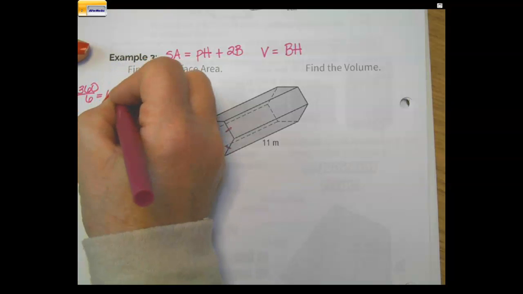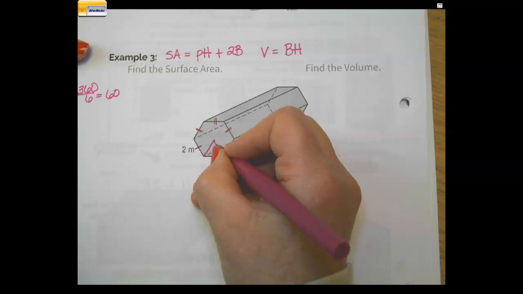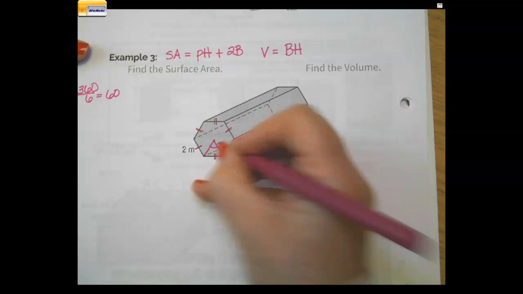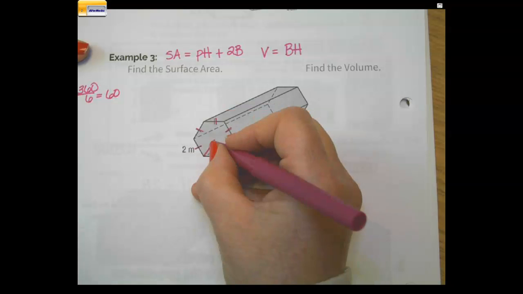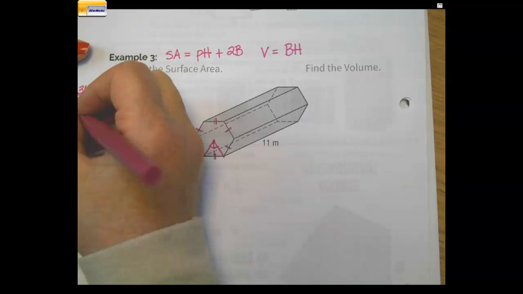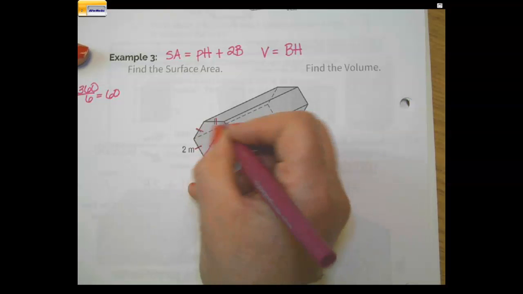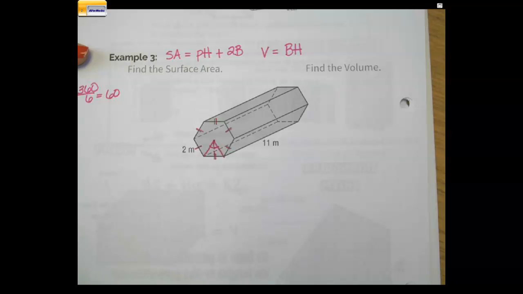That's going to give us 60 degrees here. So I'm just going to draw this. That's 60. We don't know our apothem. So it's right here. We need to find that apothem so we can find the area of our base. Once we have that, that should make this a lot easier.